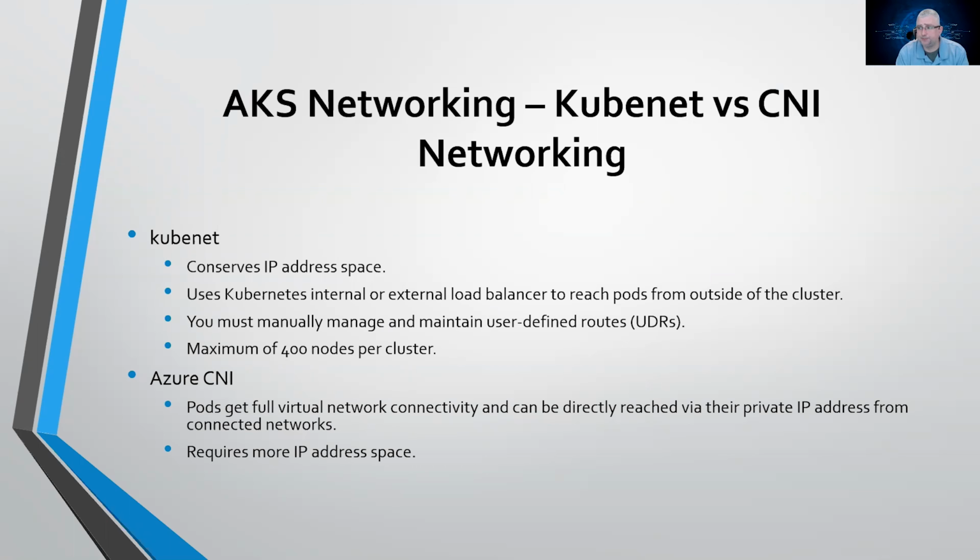Now with CNI, you get full network connectivity across the board, requires way more IP address space, tons more planning goes into it. So if you need to communicate or you need to route things, you really have to do a deep dive into each of these and determine what's going to be best for your network.